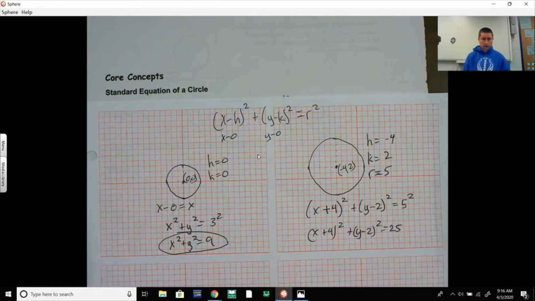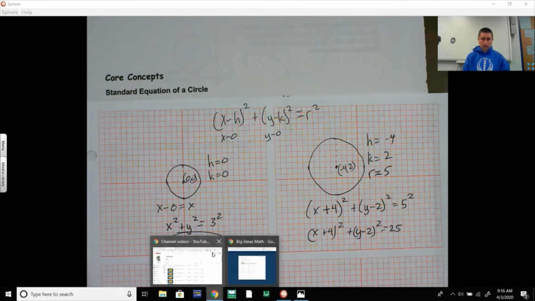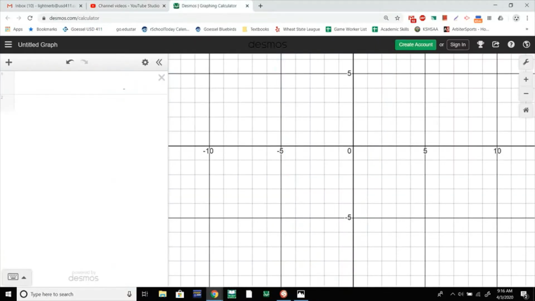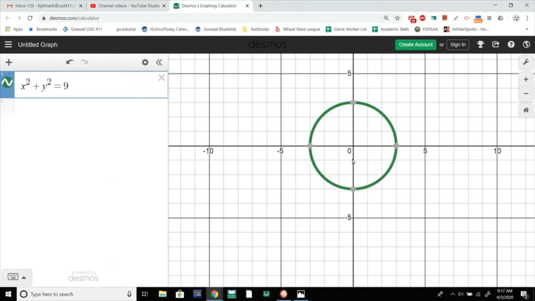Okay. And the beautiful thing still is you can check this on Desmos. So the first one, x squared plus y squared equals 9. Center at the origin, radius of 3. Okay.